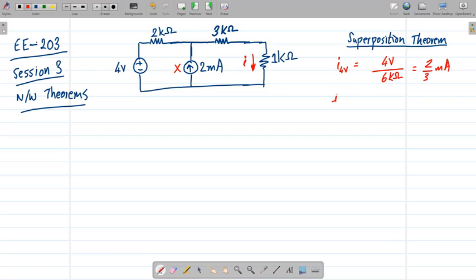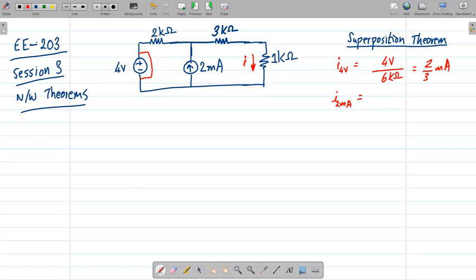What is the current due to the 2 milliamp current source? When you are dealing with the current source, now we have to remove the voltage source from the picture. So let's erase this. And what's going to happen is this becomes a short circuit, right? So when you're dealing with the current source, when you want to neglect the voltage source, you have to make it a short circuit.